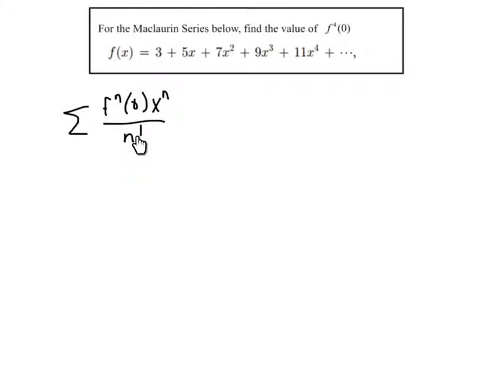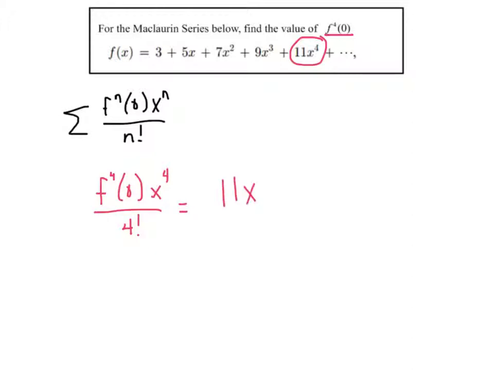So the 4th derivative must go with the 4th power, x to the 4th. So the 4th derivative at 0 times x to the 4th over 4 factorial is equal to 11x to the 4th.